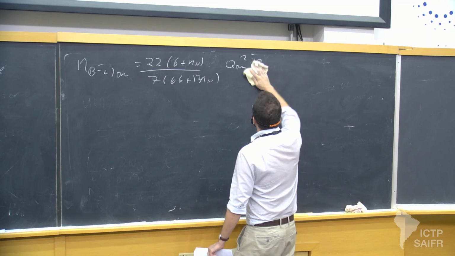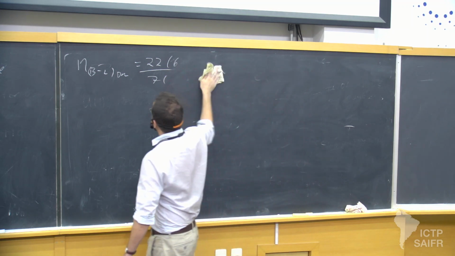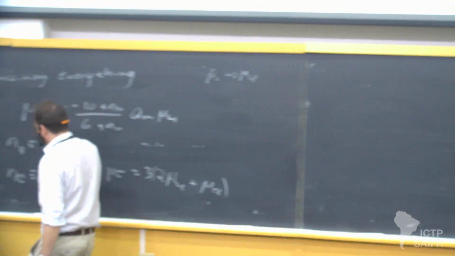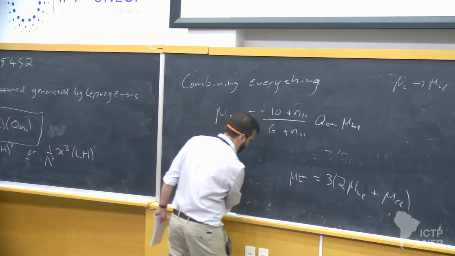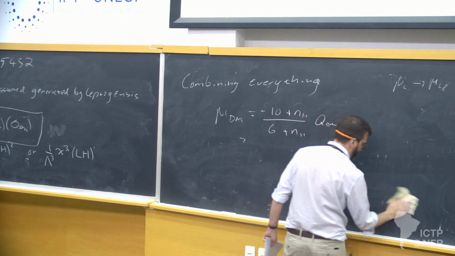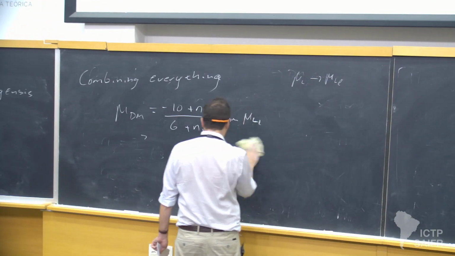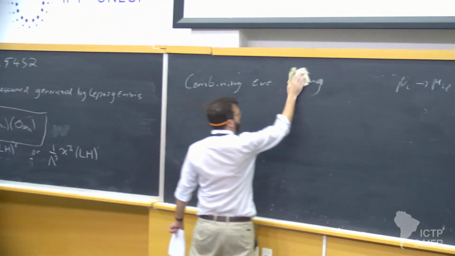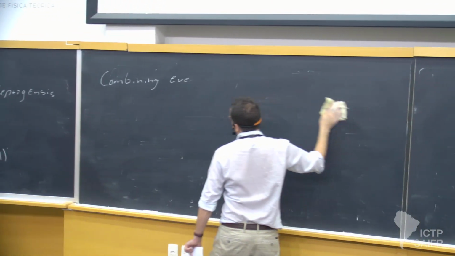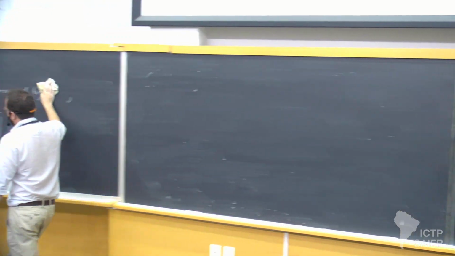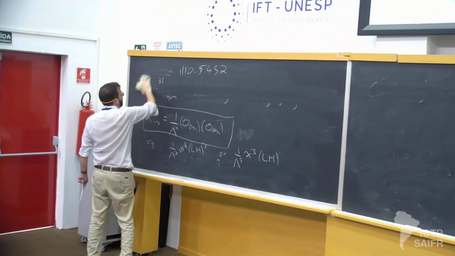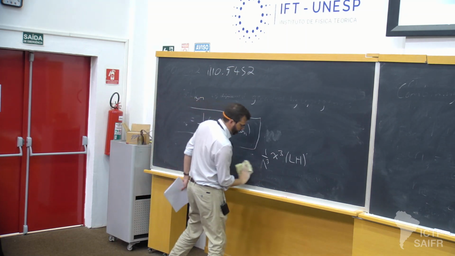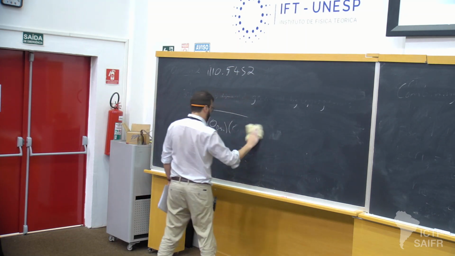And in that example, we'll also see some interesting pheno. So some possible exotic signature, a model-dependent one, but an exotic signature for asymmetric dark matter. I won't have time to cover all of it, but we can continue tomorrow.